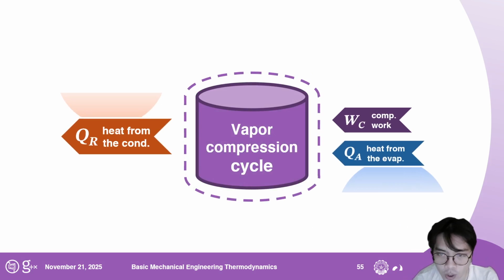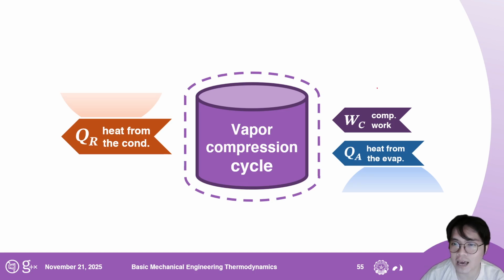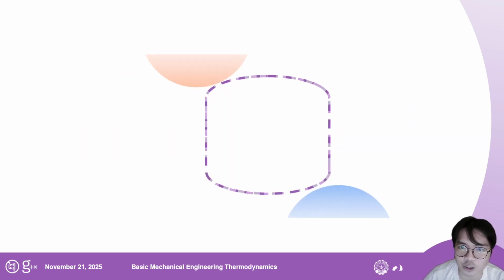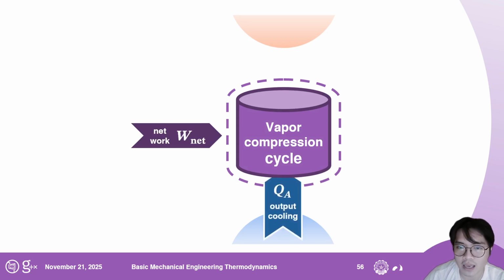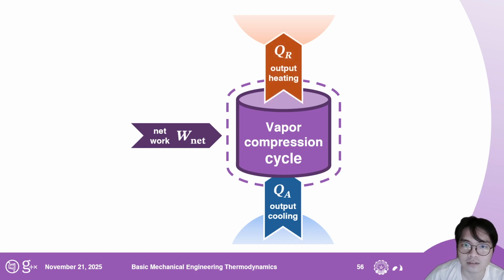You just know that you supply it with some compressor work, and it will absorb some heat from a cold place and reject that heat to a hot place. Furthermore, the simplification for any reversed cycle is that you give it work and you access cooling, or in this case, heating.